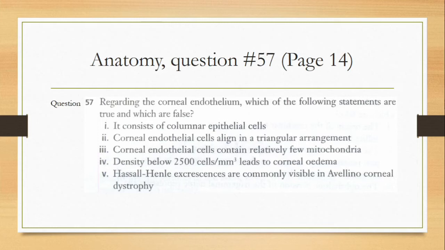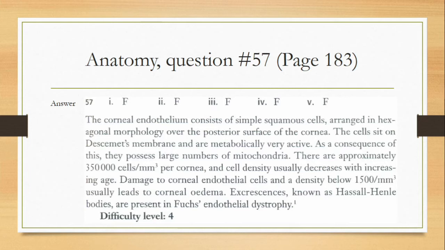About anatomy, there is the question number 57. Actually, there is nothing wrong with the question, but it asks about the corneal endothelium. And when you read the answer on page 183, it explains that there are approximately 350,000 cells per millimeter cube per cornea instead of just 350,000 cells.